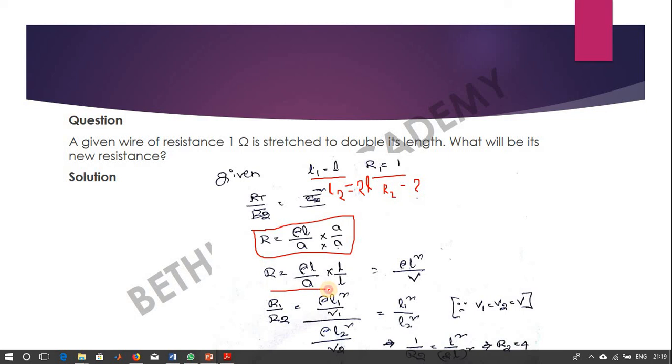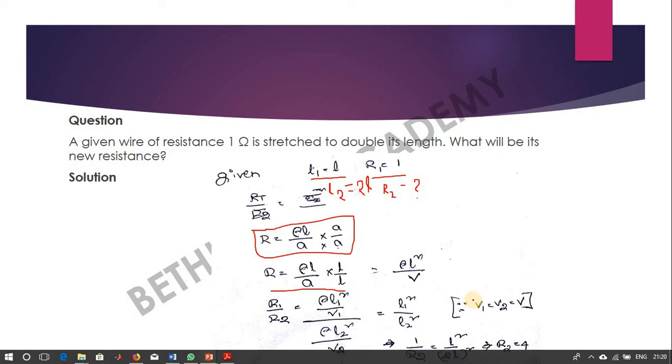So what I am going to do in this equation is multiply the numerator and the denominator by L. So when I multiply numerator and the denominator by L, I will get rho L square in the numerator, and A into L is equal to volume. Then R1 by R2 is equal to rho L1 square divided by V1, over rho L2 square by V2.